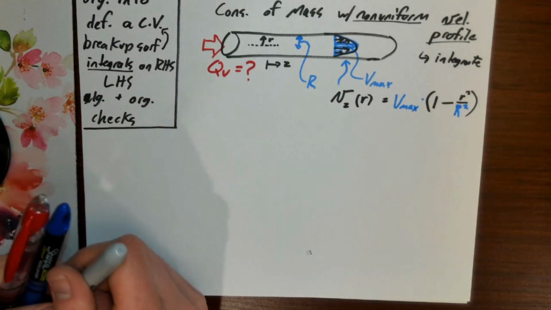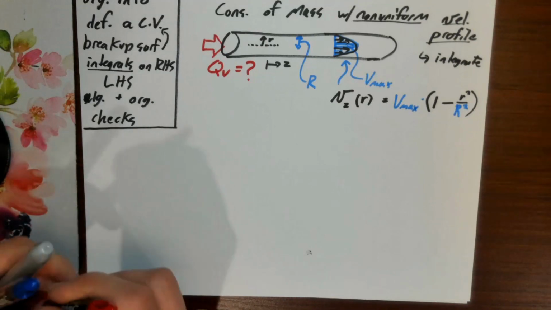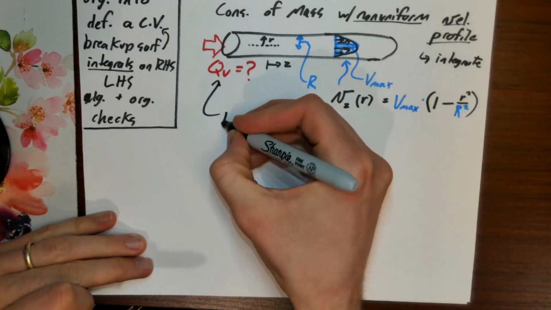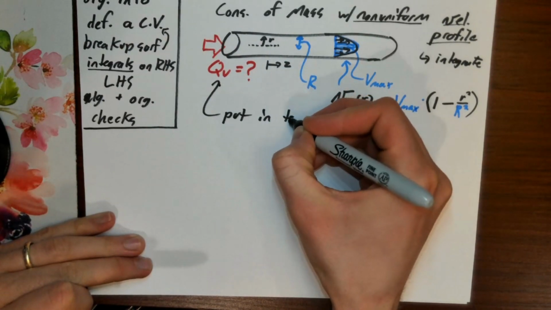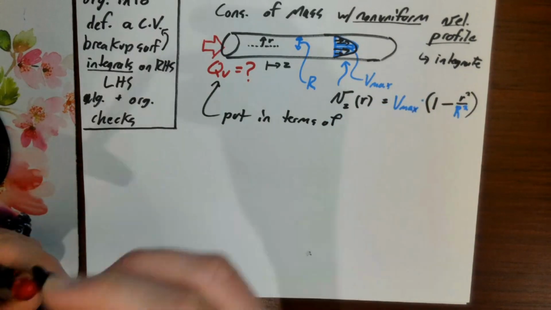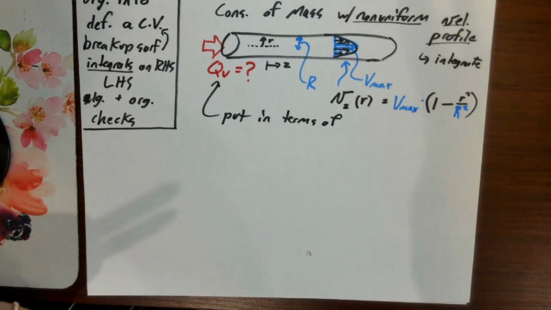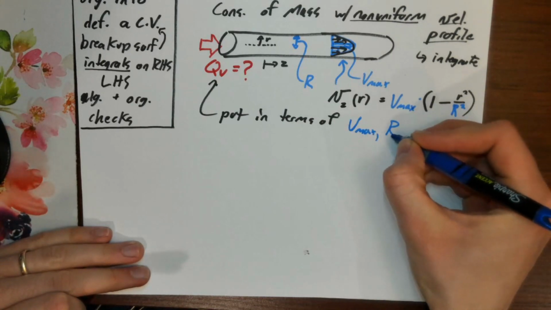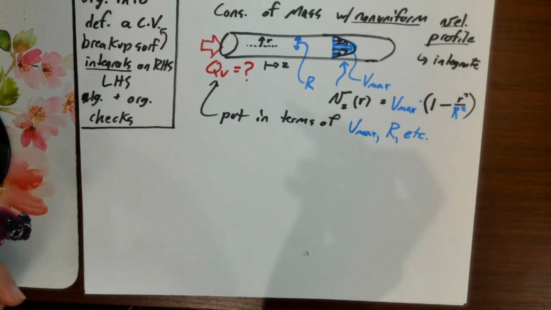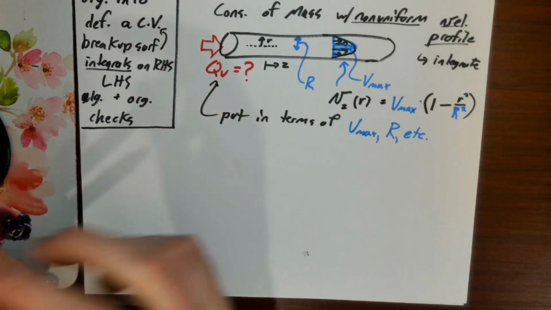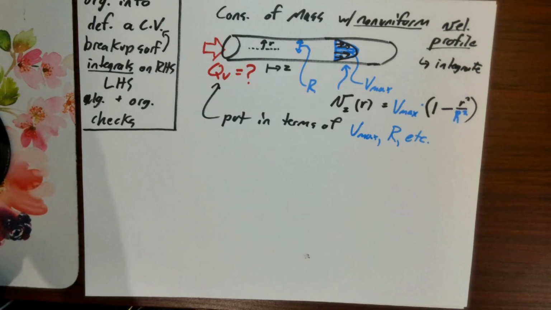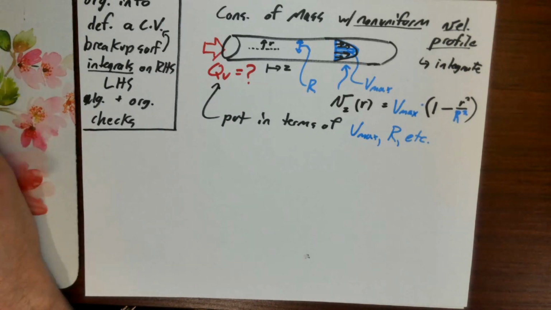So our goal is to basically get volumetric flow rate, and our goal is to put this in terms of some of the known constants that we have in our equation. So for example, Vmax, R, etc. So can we get this volumetric flow rate, which as of yet is unknown? Can we put this in terms of known constants from this problem? All right, so there we have it. That's the plan.